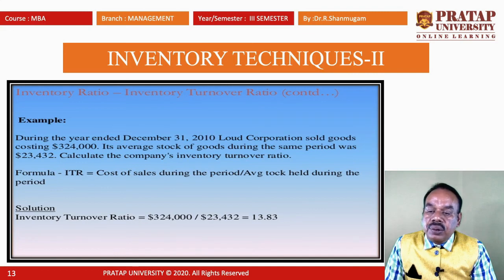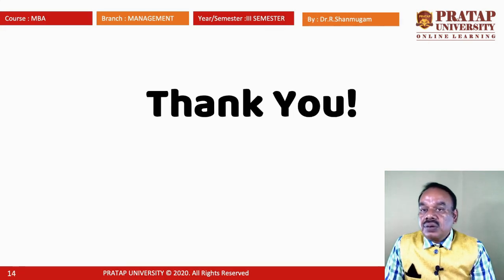Formula: ITR equals cost of sales during the period divided by average stock held during the period. Inventory turnover ratio equals $3,24,000 divided by the average stock held during the period, $23,432, equals $13.83. So these are all today's topics.